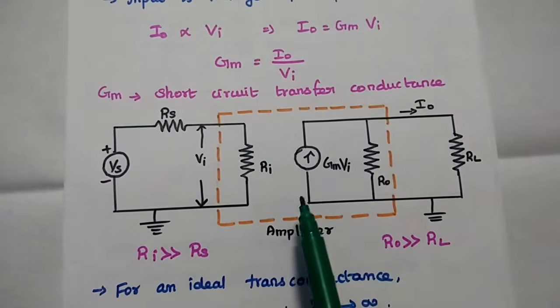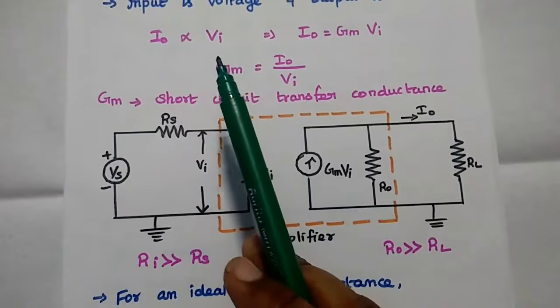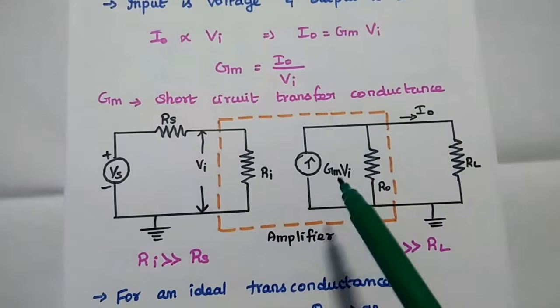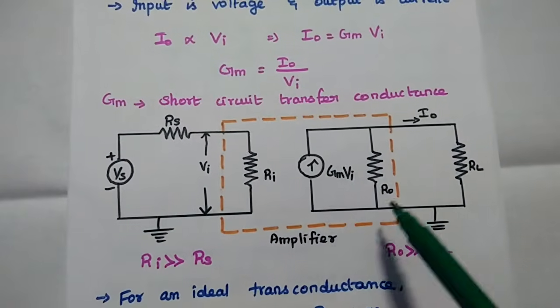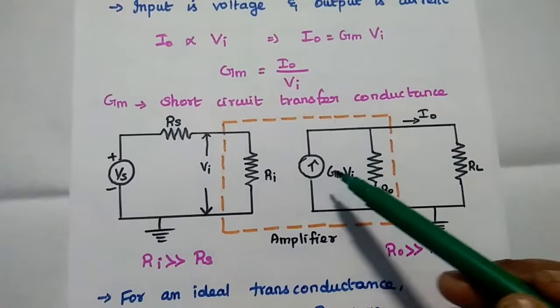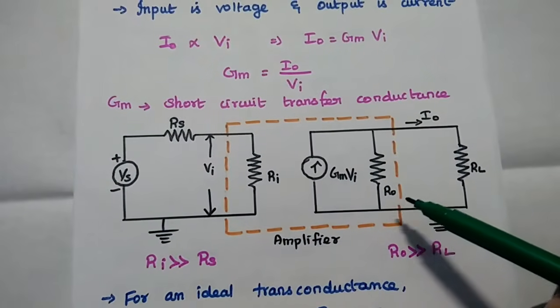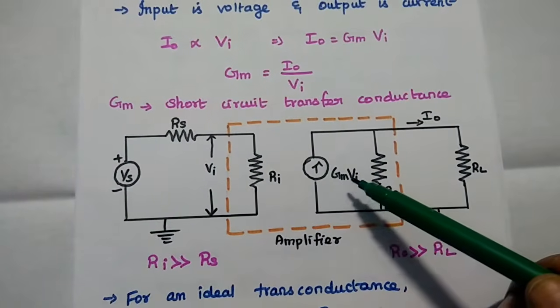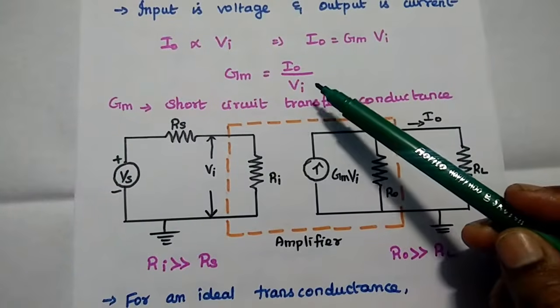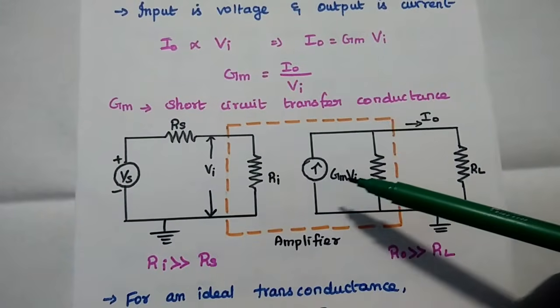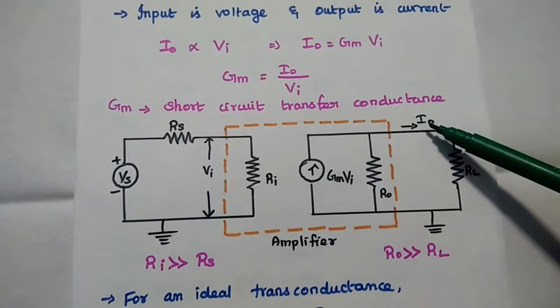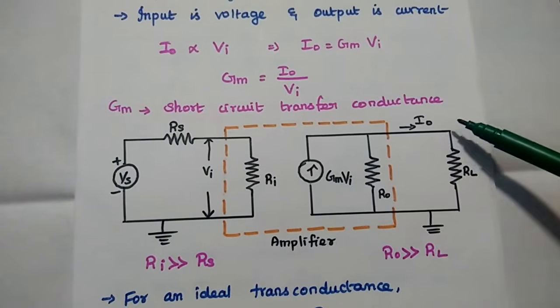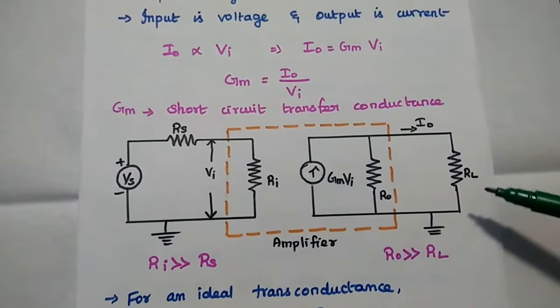The output of this amplifier is current, correct? Input is voltage, output is current. So we can use the Norton circuit, the current source in parallel with the output resistance. Here we multiply the input voltage with the transconductance value. The output is IO, that is current, and then the load resistance RL.